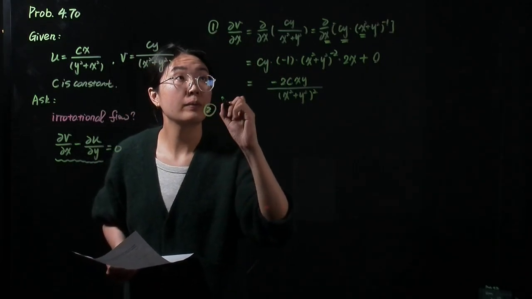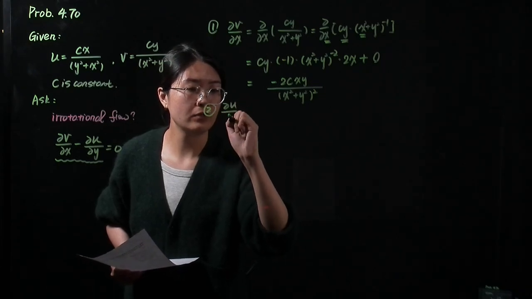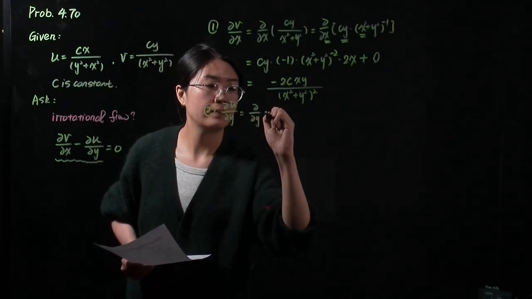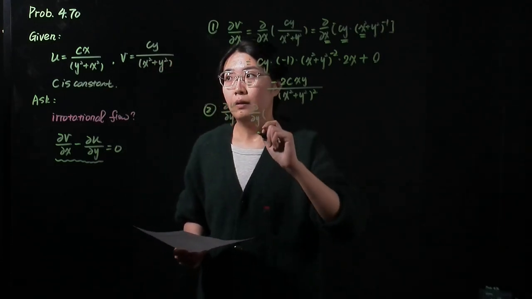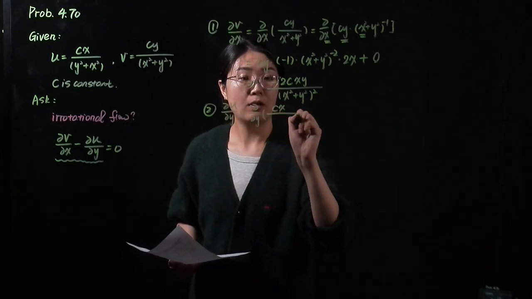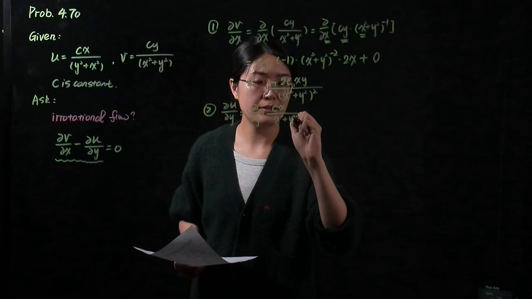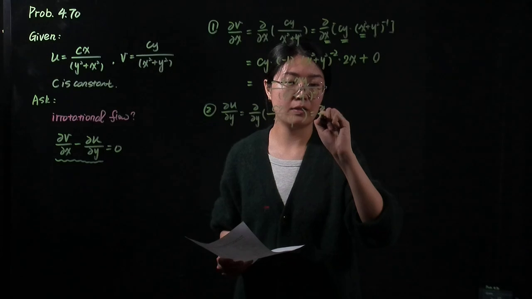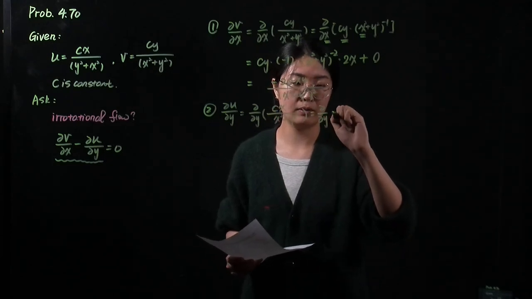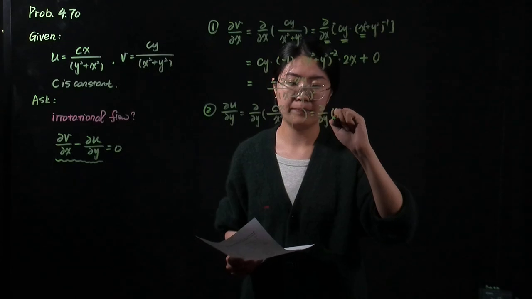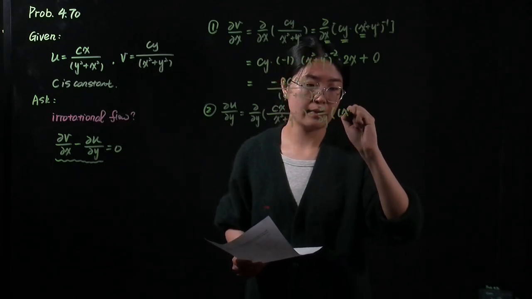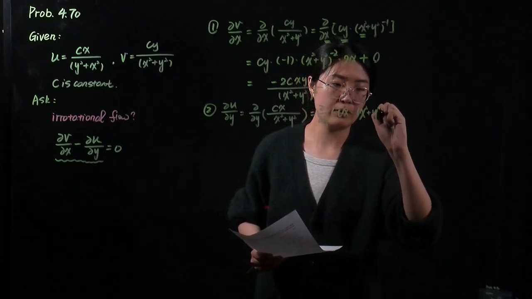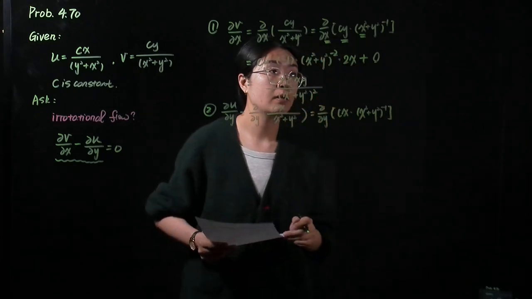Similarly, we can calculate the partial derivative of u with respect to y. u equals cx over x squared plus y squared, which is cx times x squared plus y squared to the power of minus 1.